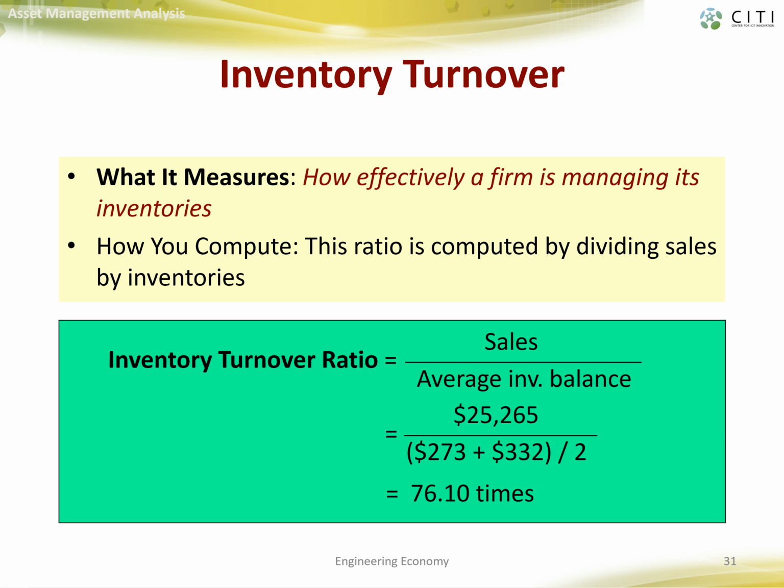Meaning that the supply chain or the inventory policy is very, very effective, so that we don't need to hold a lot of inventory to meet a certain kind of sales or certain kind of demand. So inventory turnover ratio will be the bigger the better, right?